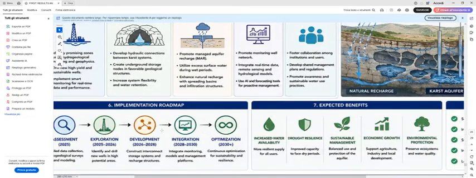We have an implementation roadmap: construct an interconnected storage system and recharge structures, build a network for monitoring evapotranspiration and piezometric level, and continuous optimization for stability and resilience.